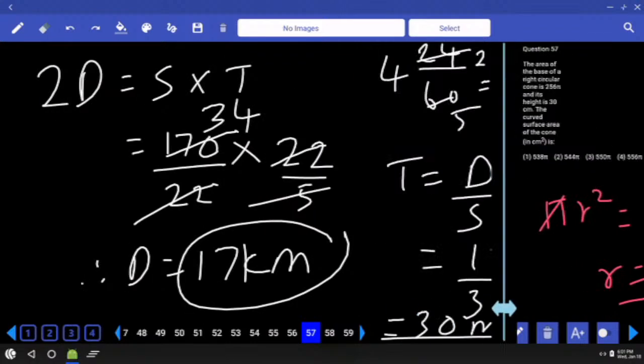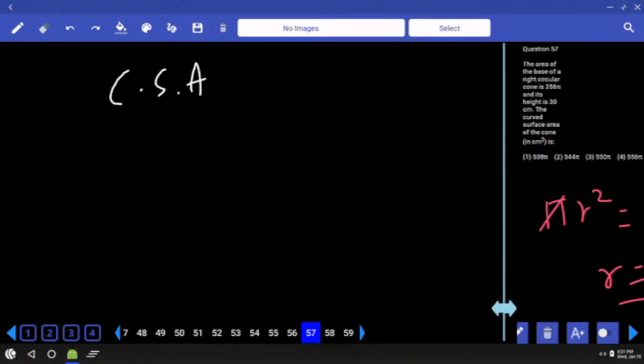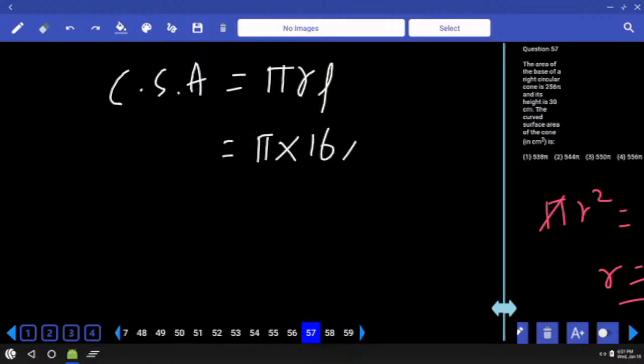The curved surface area of a cone is given by pi r L. Pi is there, r is 16, and L we have to find out.